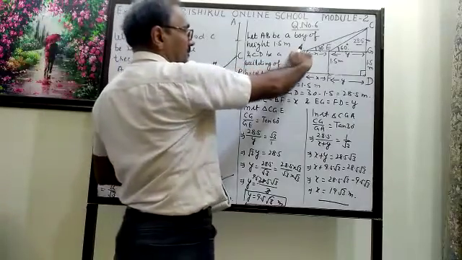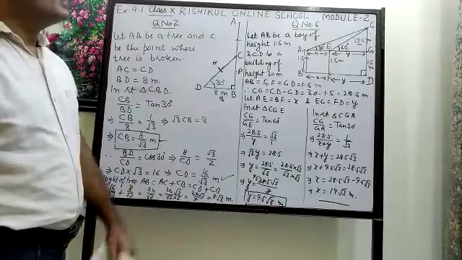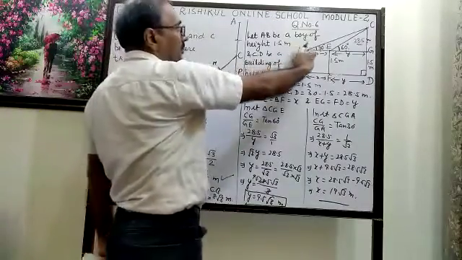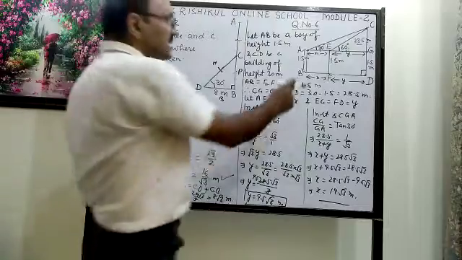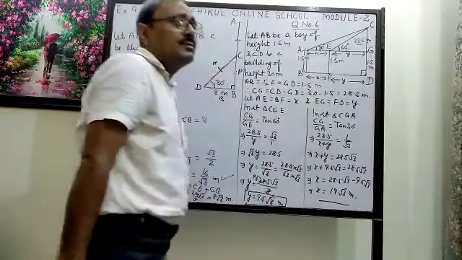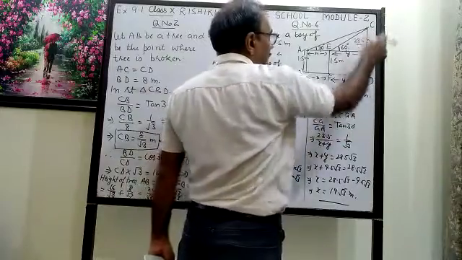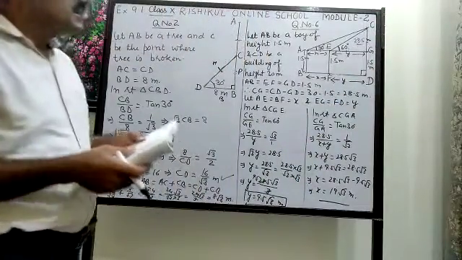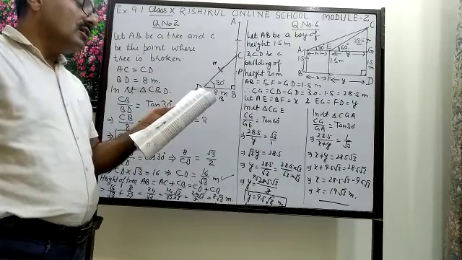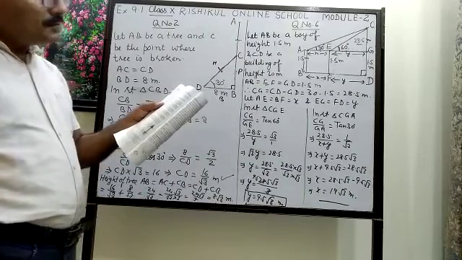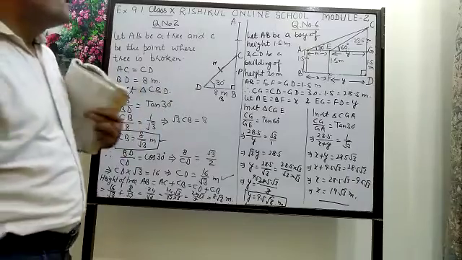Let AB be a boy and CD be a building of height 30 meters. The height of the boy is 1.5 meters. The boy is standing at some distance. The distance between the boy and the building is BD, and the height of the building is 30 meters, CD. The angle of elevation from his eyes to the top of the building increases from 30 to 60.